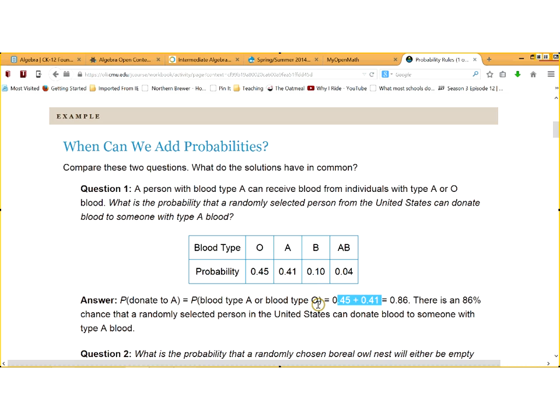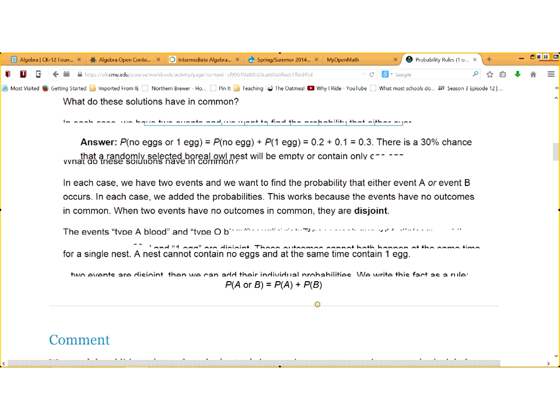In the last module we saw that OR didn't always mean to add straight up. Here we're able to add because there's no overlap in blood type A or blood type O. If there is some overlap, you've added them twice, so you would need to subtract off the overlap, which was the case on the quiz from Module 5, which I'll have graded later this week.